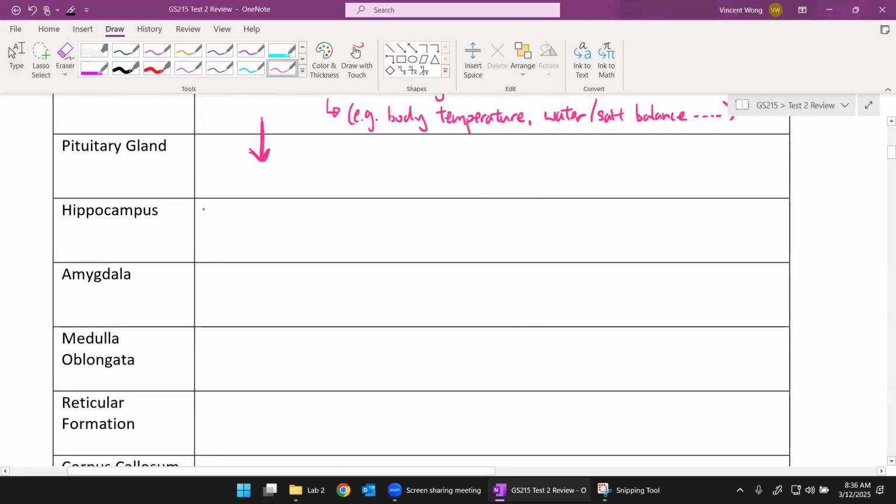Next we have hippocampus. Hippocampus is storage of long-term memory.